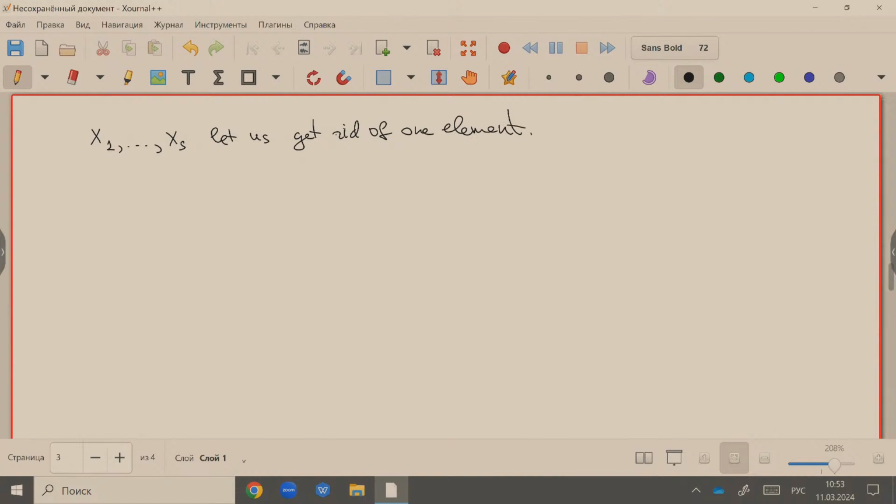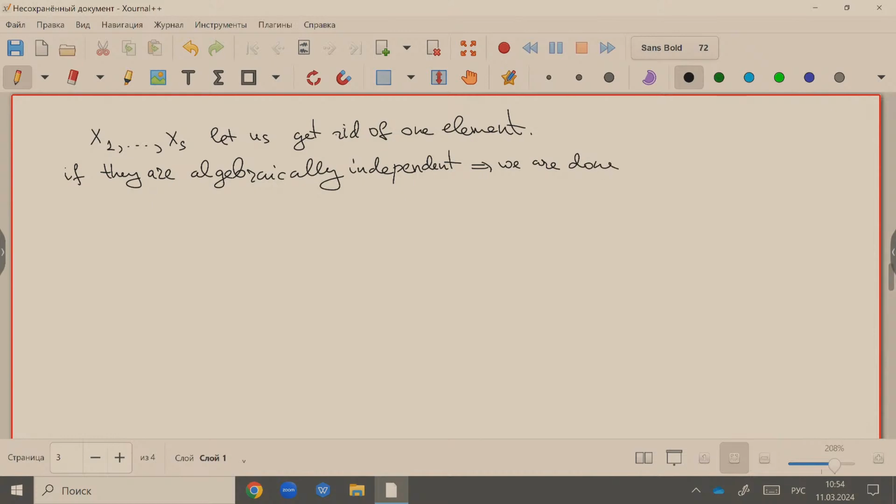Yeah, so we notice that if they are already algebraically independent, we are done.